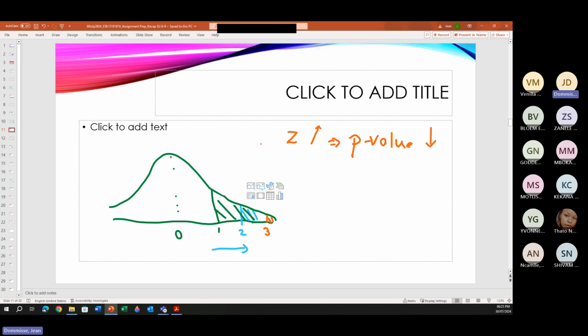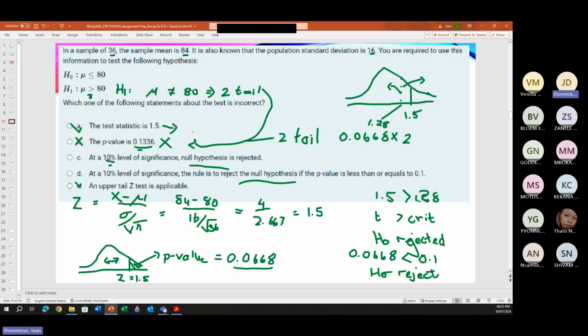Okay, so you will always, the Z will be linked to the critical value, and your p-value will be linked to that alpha value. So you can again see they link that level of significance, which is alpha, to your p-value, and then the t-stat is linked to your critical value.